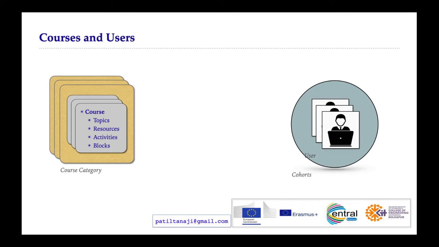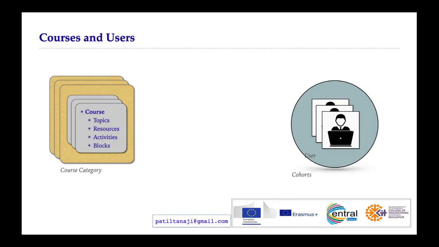Managing the users, for example, enrolling a set of users to a particular course, and for that there is a separate enrollment plugin called cohort sync. Cohorts can be system wide or they may be category wide, where it consists of a collection of users.